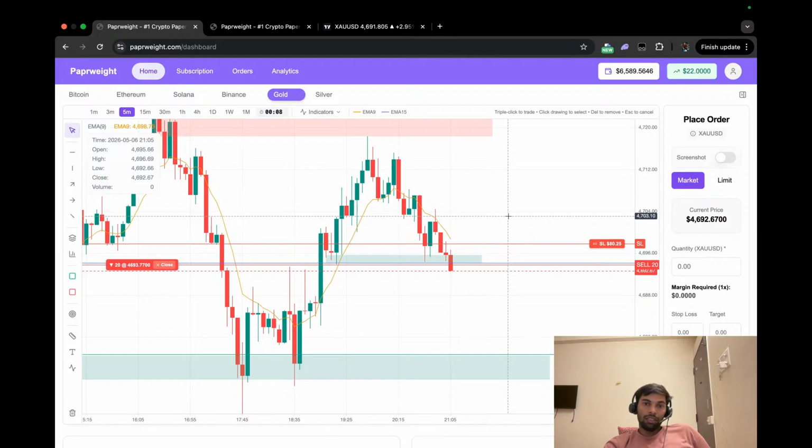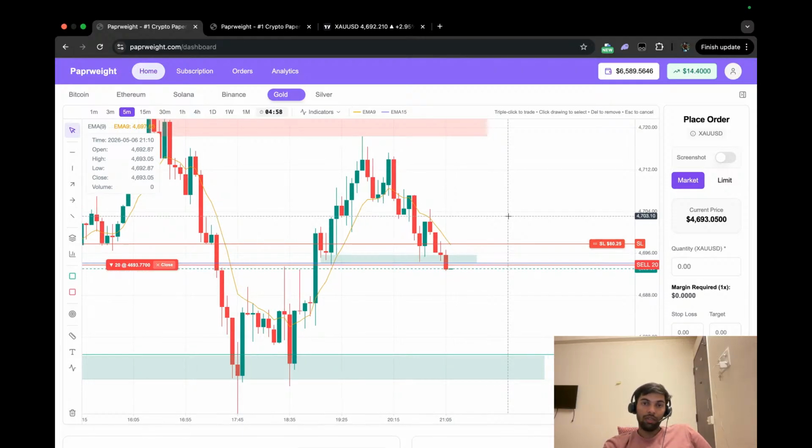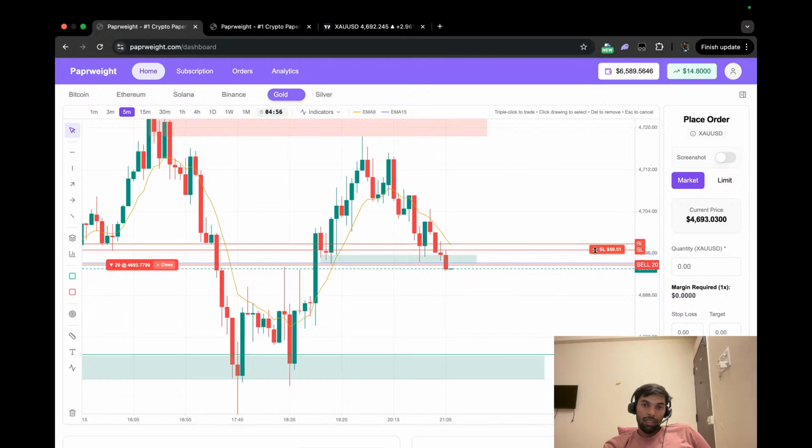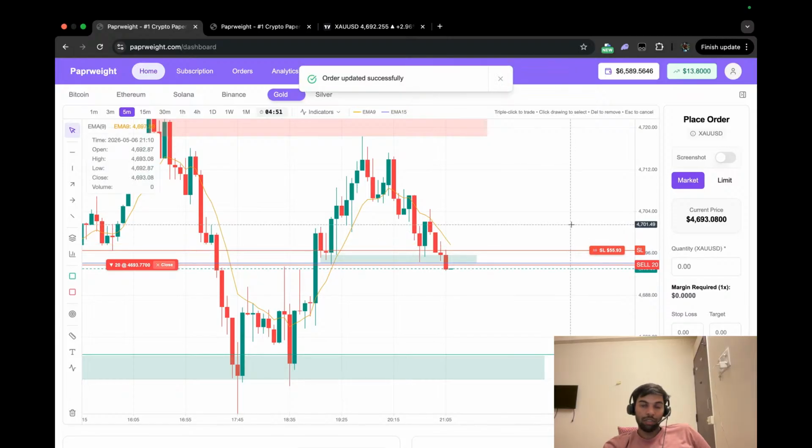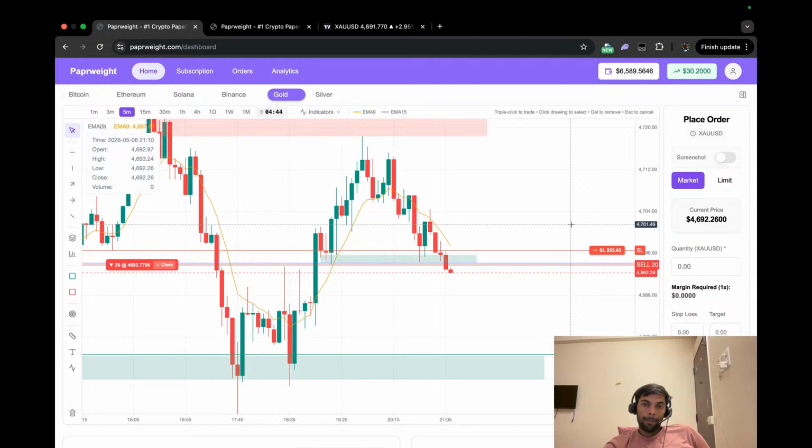That's good, guys. 7 more seconds to close this candle, and I want this candle to close in the red itself. Yeah, it closed in the red. That is a very good sign. Now let's put my stop loss at the top of this candle. Okay, nice, good one.